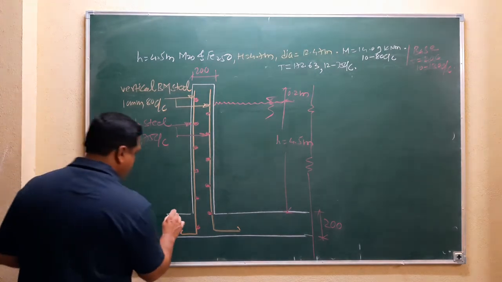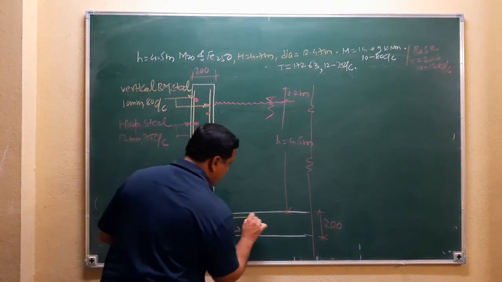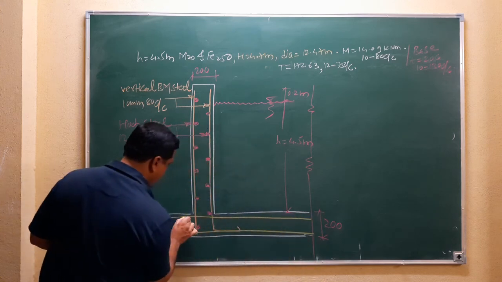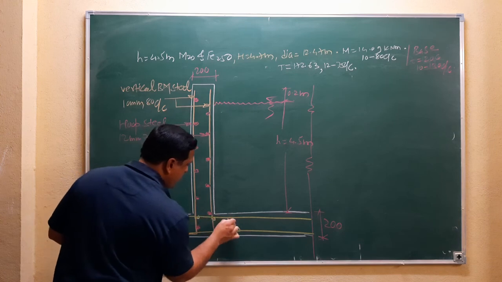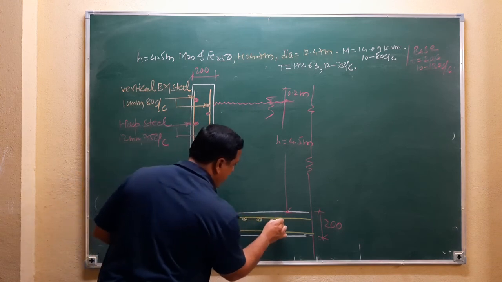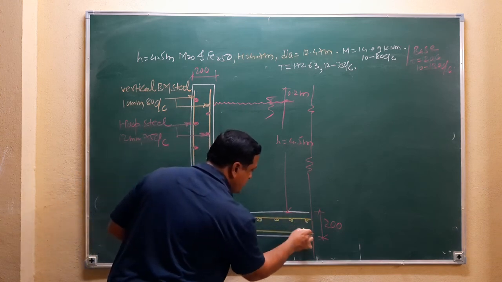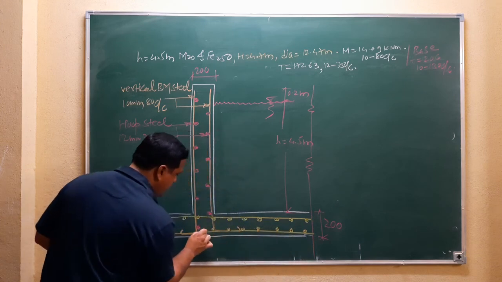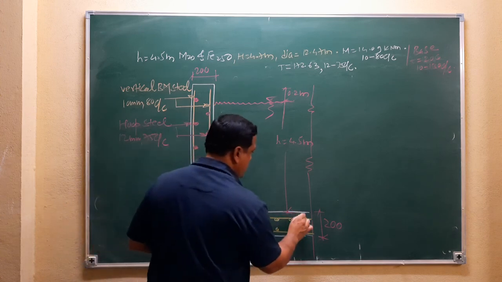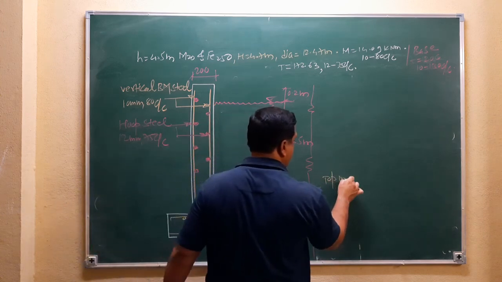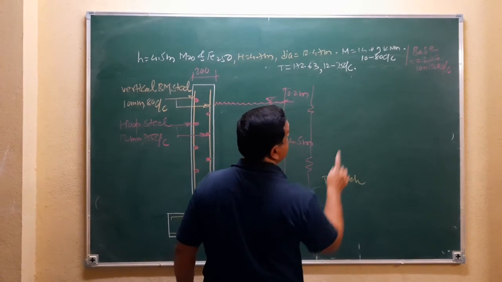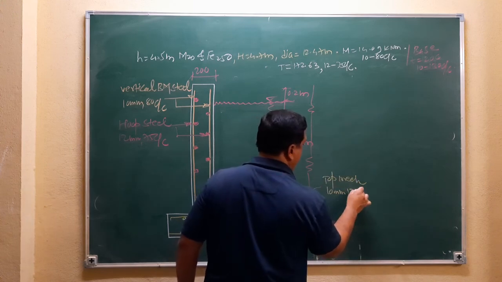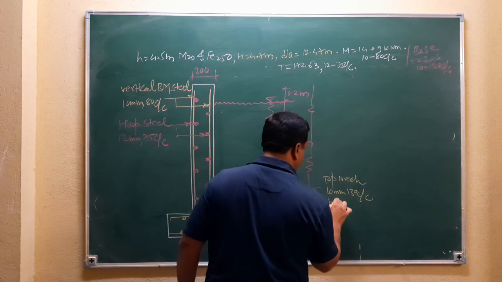the base slab steel. Base slab steel you have to provide in two meshes. One mesh is at top, another mesh is at bottom. Like this you have to show. So this is your top mesh. It is 10 mm diameter, 130 mm center to center, both way.